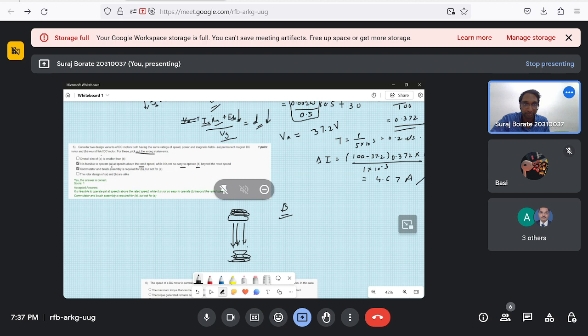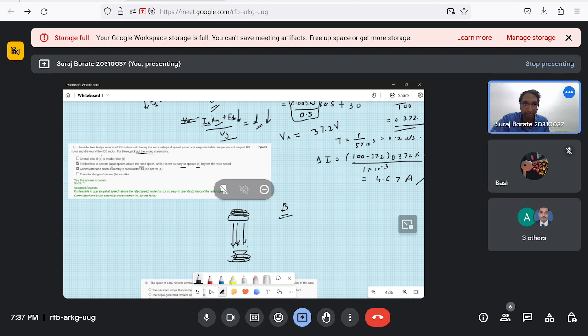Let's move on to the next question. The speed of DC motor is controlled till its rated speed. What do you mean by the word rated? It means that if you cross it, then, as when you buy a component online, you go to its data sheet and find the rated torque, rated current, rated voltage.